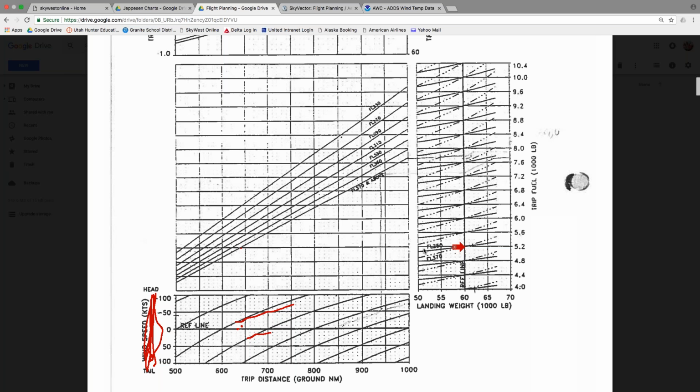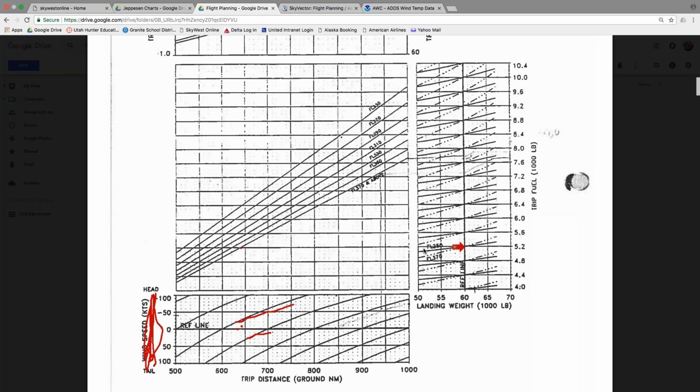Okay, so we add 2,500, you said? Yeah, add 2,500, so take the reserve off, so do our max zero fuel weight, add 2,500 to that. What is that number? Did you say 2,500 to our max zero fuel weight? Not our max zero fuel weight, our zero fuel weight. 57,083.